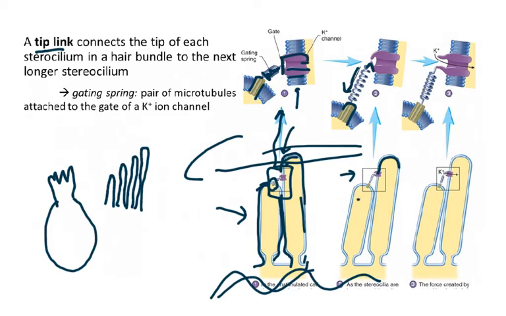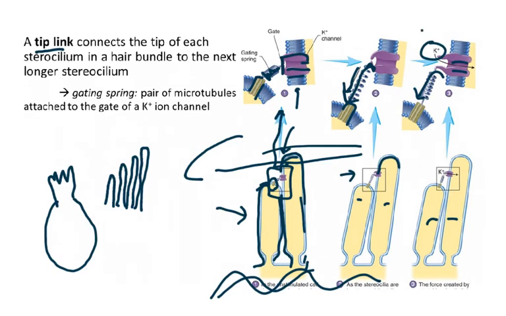And so as these stereocilia bend next to each other, they literally pull open that gate, allowing this ion channel to open. And remember I said it's not going to be sodium that rushes in, because this fluid actually has higher potassium than sodium.